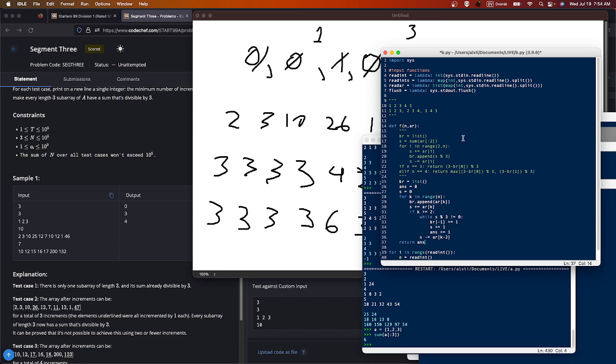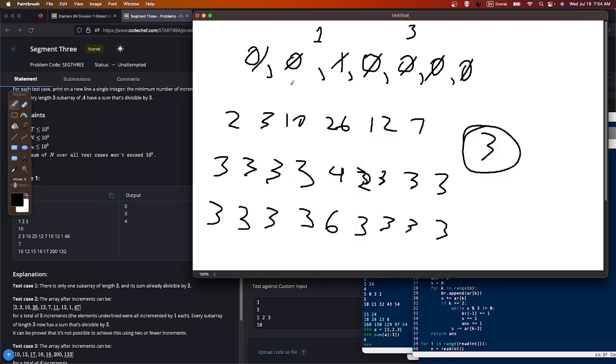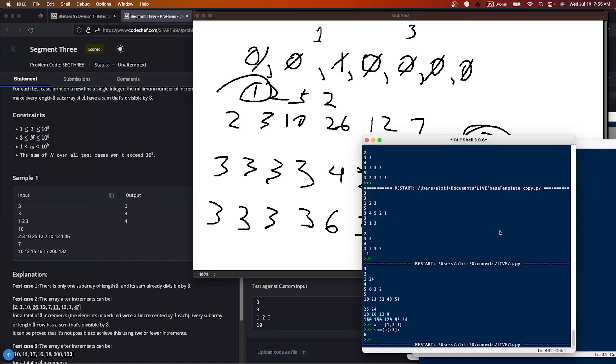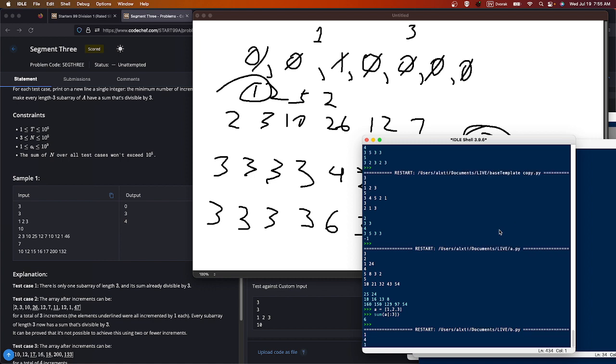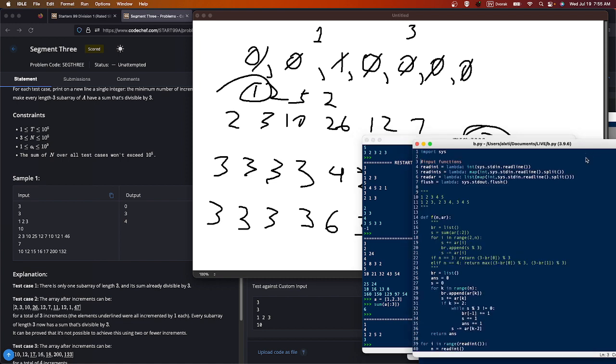No, this definitely can't be right. There's no way this is correct. You have 1, 2, 5, 2. Your answer is you just take the 1 there. Okay, this definitely is not it.